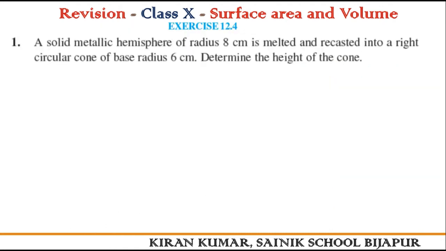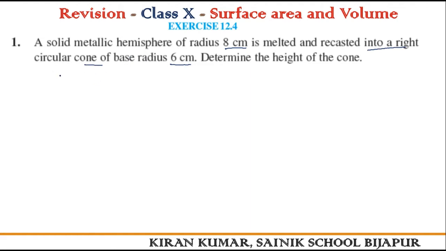Now we shall move on to exercise 12.4. First question. A solid metallic hemisphere of radius 8 cm is melted and recast into a right circular cone of base radius 6 cm. Determine the height of the cone.